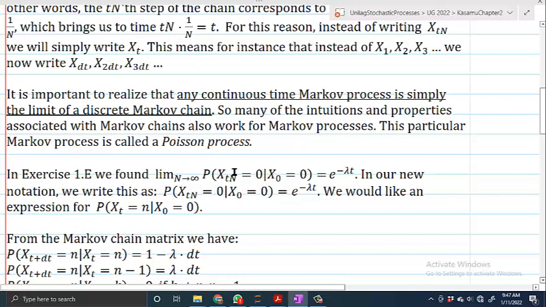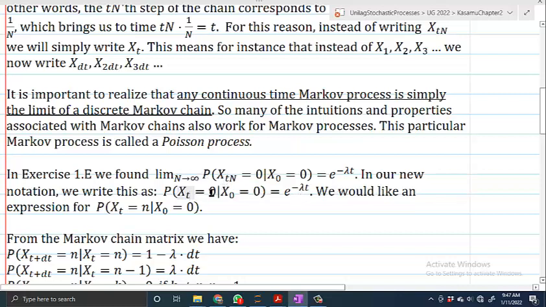So in fact, this corresponds to time t. So in our new notation, we are going to write this as the probability that xt equals 0 given x0 equals 0. For our continuous time Markov process, we don't refer to the number of steps. We only refer to the time. Time t corresponds to tn steps in the process. Okay? So we want to write this limit in this way.